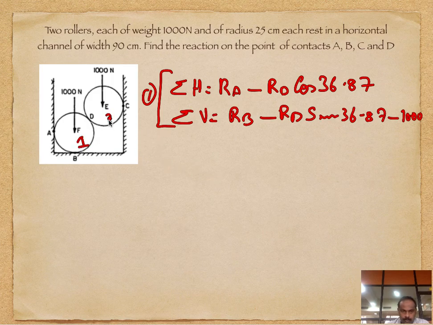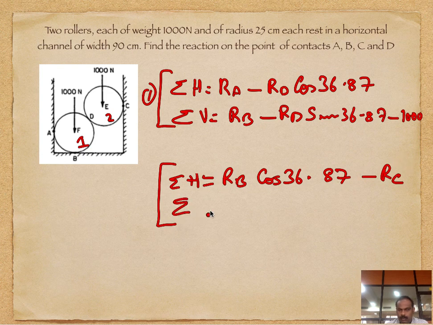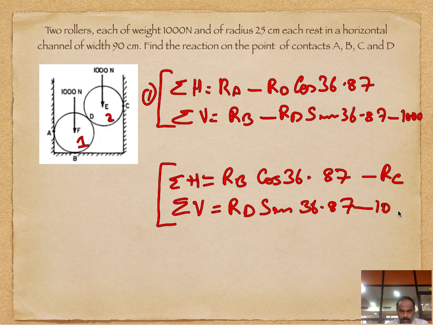The second roller equations: sigma h is equal to RB cos 36.87 minus RC, sigma v is equal to RD sin 36.87 minus 1000.